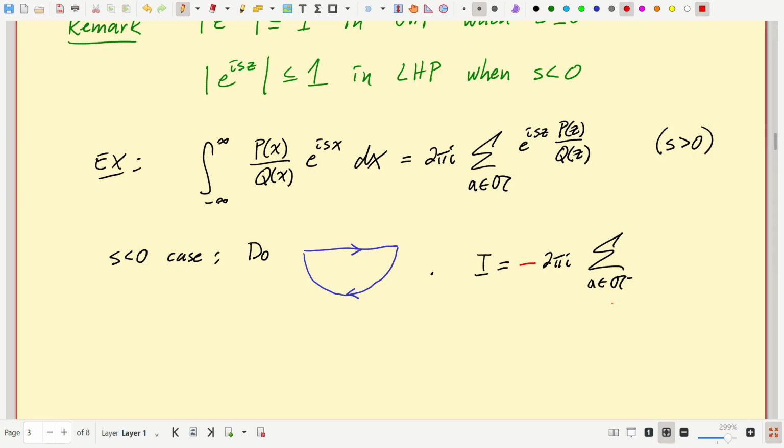This would be the zeros of Q in the lower half plane. Same kind of work. So if you're doing Fourier transform someday, that kind of thing could be useful to you. Gives you a way to calculate that thing with algebra.